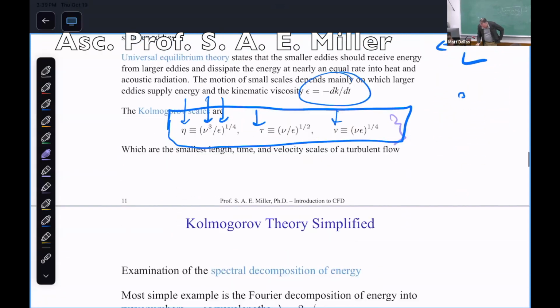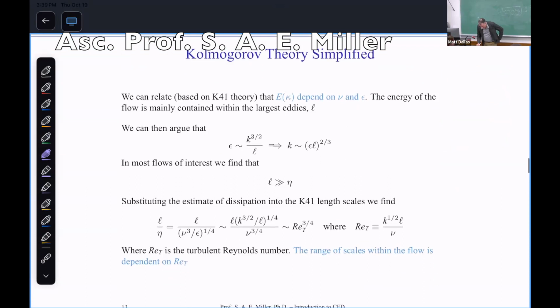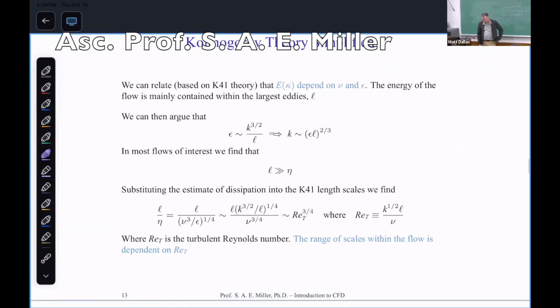Now you say, well, what does this have to do with computers? Well, it turns out that you can relate the largest scale divided by the smallest scale eddy. So that's the big L divided by the tiny little eta. And through just dimensional analysis, he showed that it goes as the Reynolds number to the 3/4.